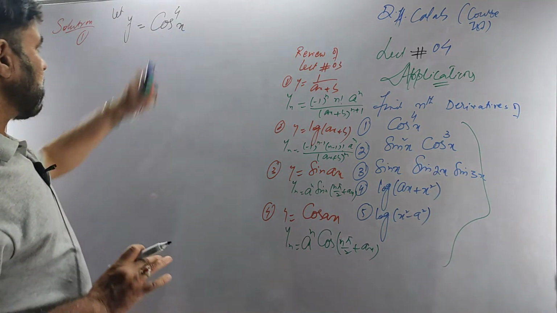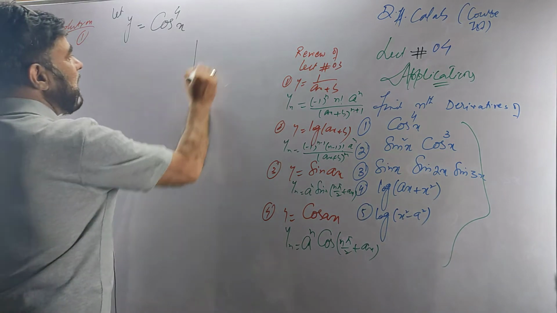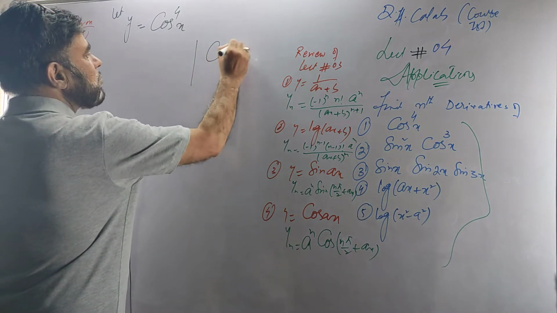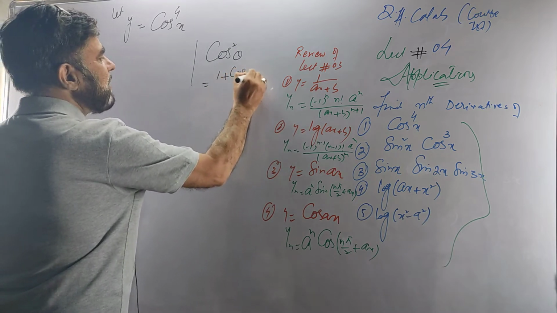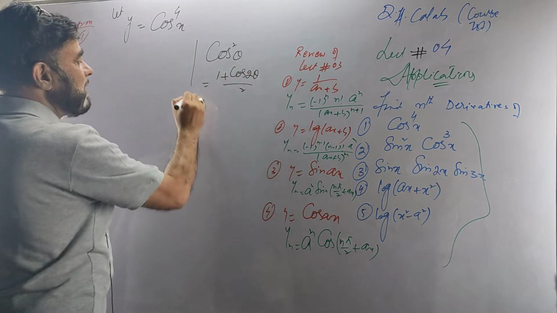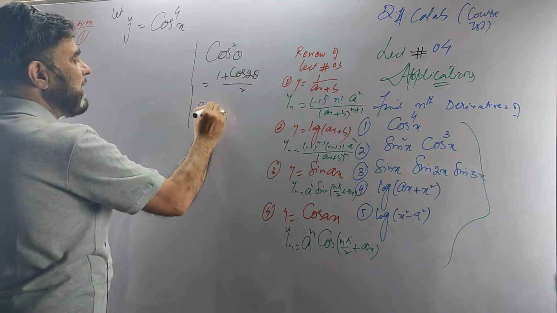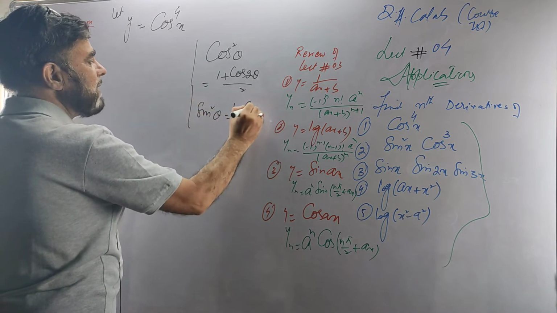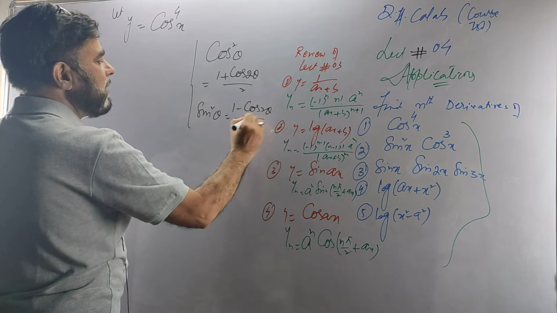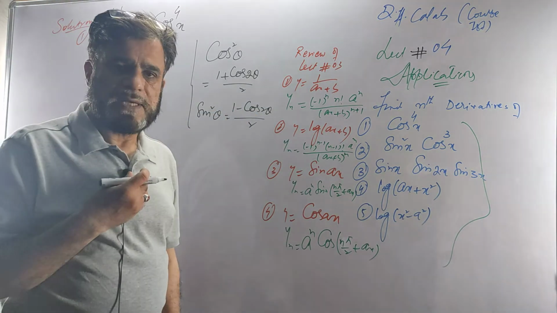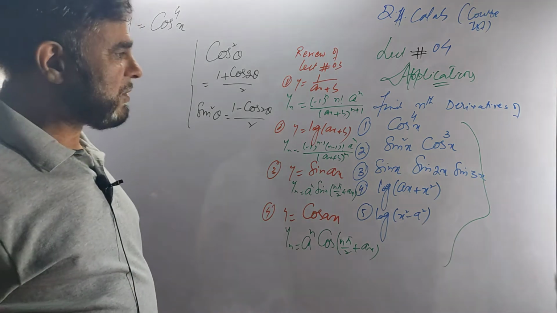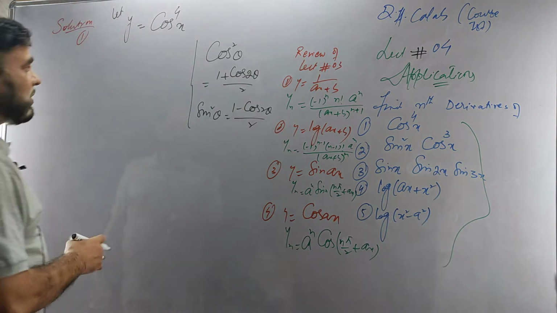See how I have the formula: cos square theta is 1 plus cos 2 theta by 2. For sine square theta, it is 1 minus cos 2 theta by 2. You have done these results in your previous classes, school mathematics, 11 and 12 mathematics. I am just giving you a view of that.